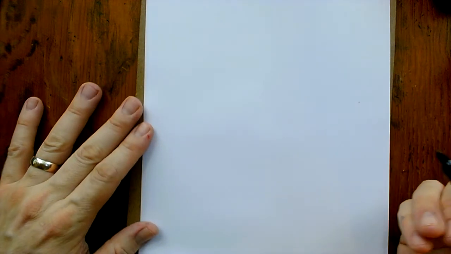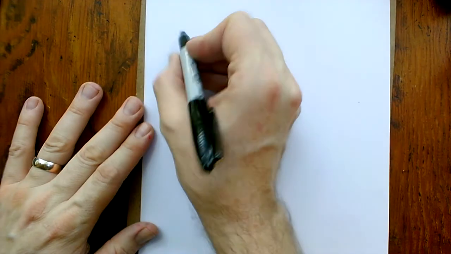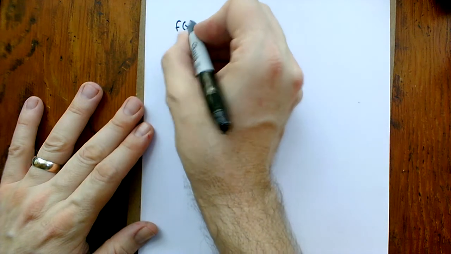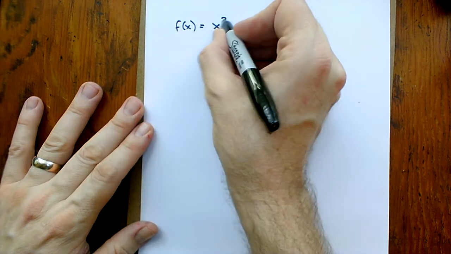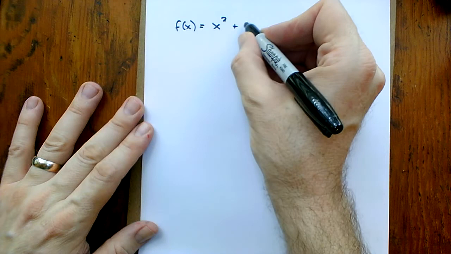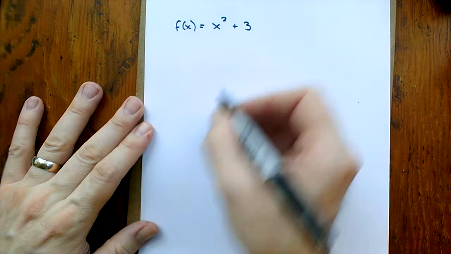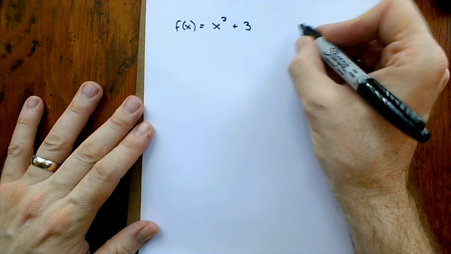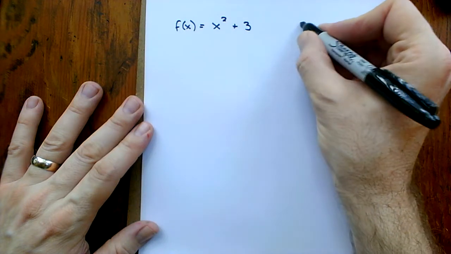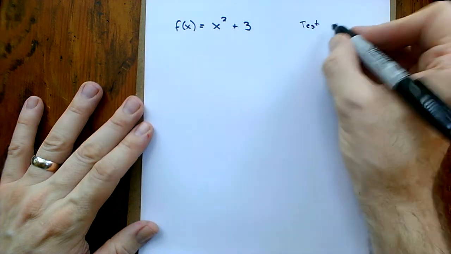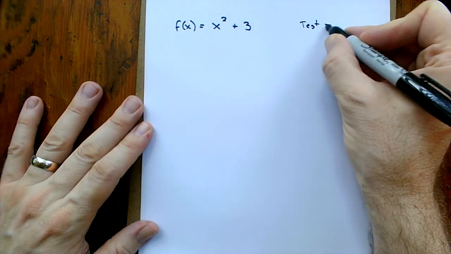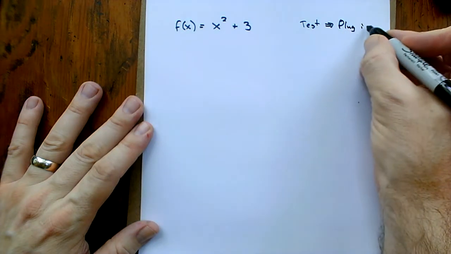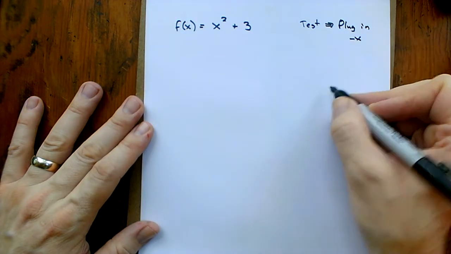So let's take something like, for example, f of x is equal to x squared plus 3. Now, to test this, we're going to plug in a negative x.